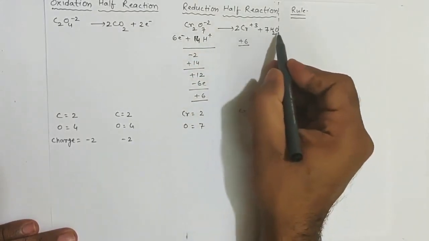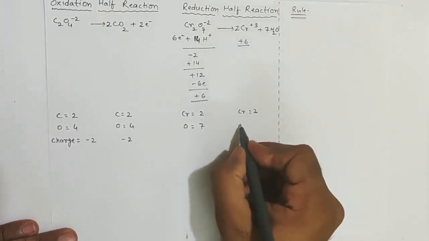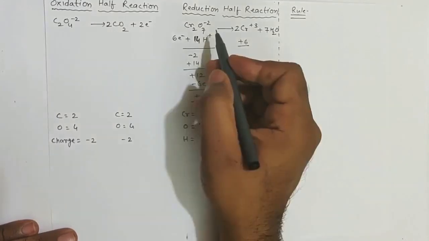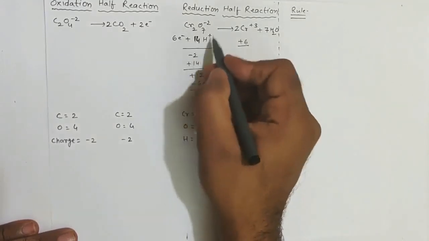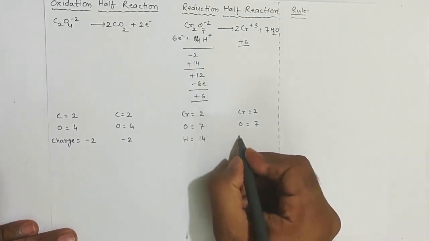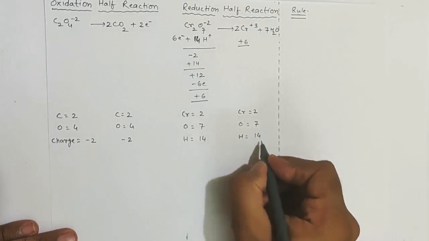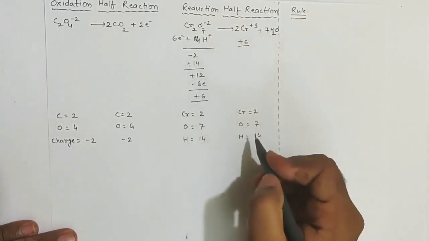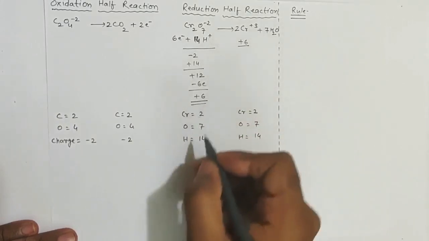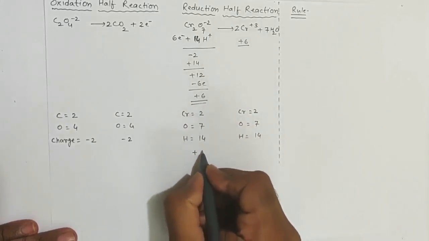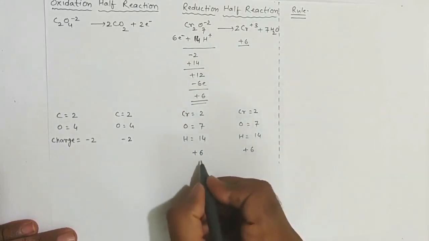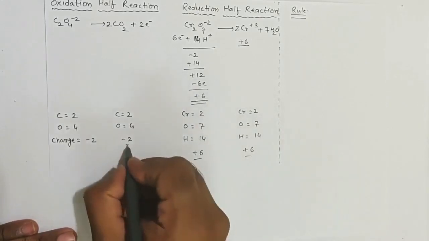At the product side, 7 H2O gives 7 oxygen atoms. The number of hydrogen atoms present at the reactant side is 14. 7 H2O molecules will give 14 hydrogen atoms. So this reaction is balanced in terms of all the atoms. We have balanced charge already. So the total charge present at the reactant side is +6 and the total charge present at the product side is +6. So these two reactions are balanced in all terms.